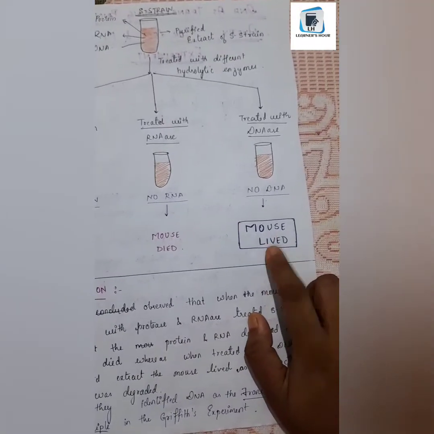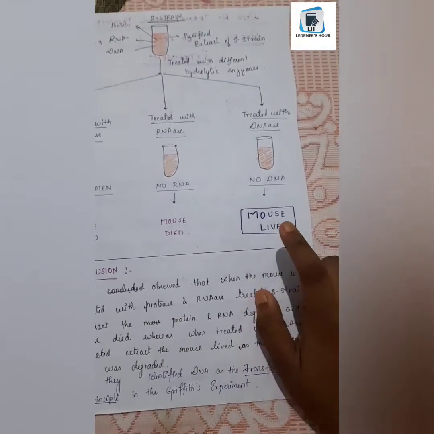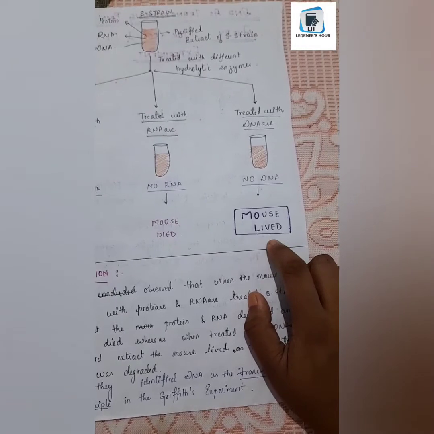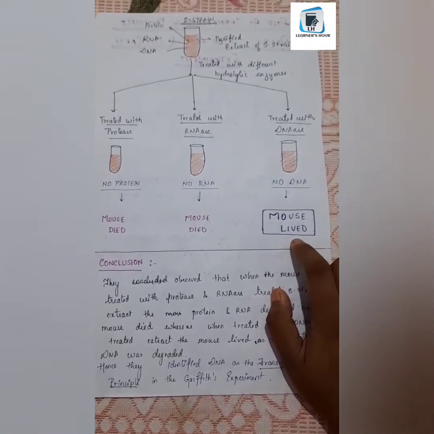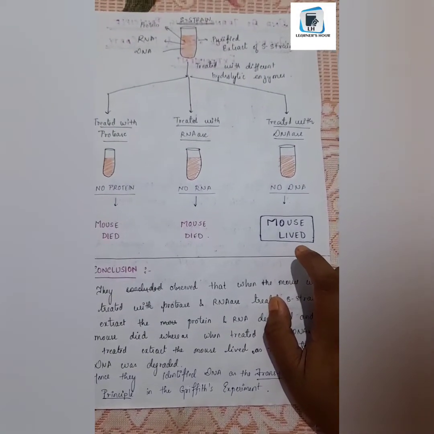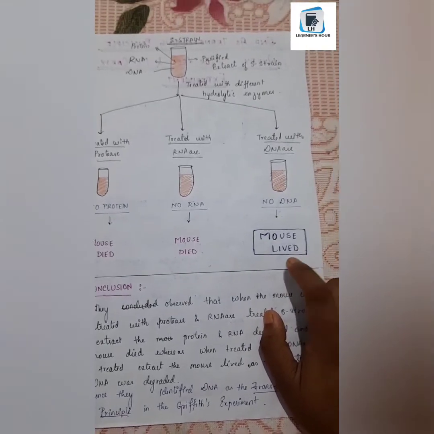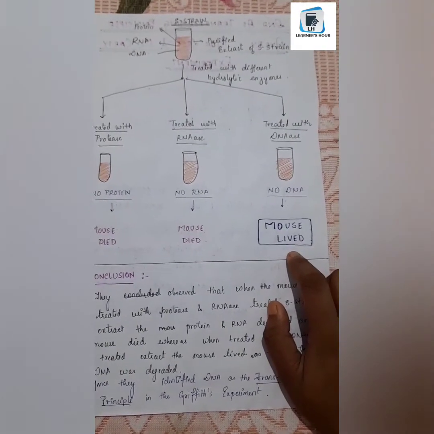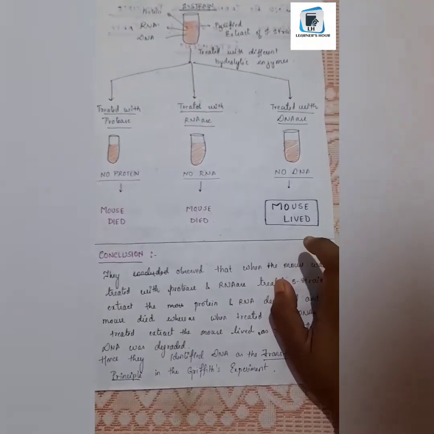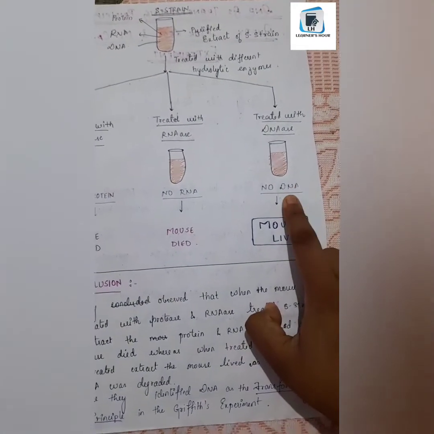But in this case, what happened, guys? The mouse lived because this proves that no transformation occurred. The reason transformation did not occur was that DNA got degraded.